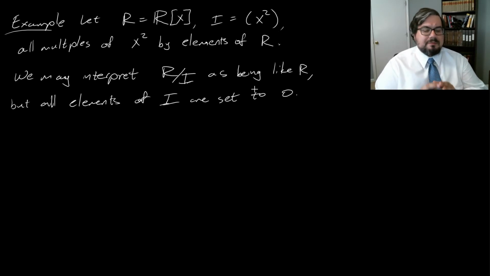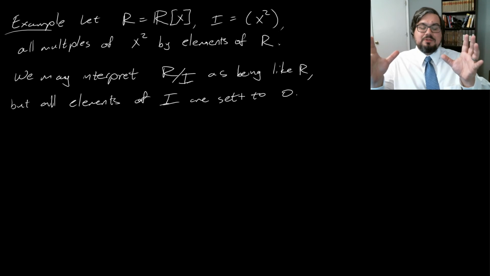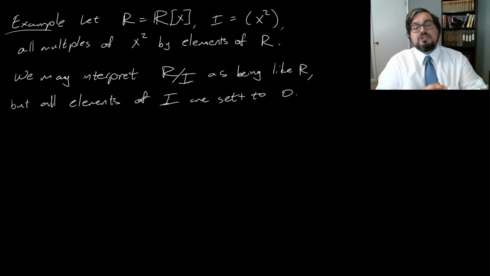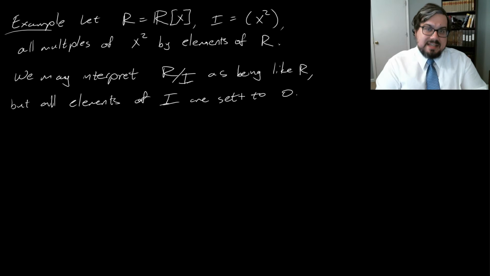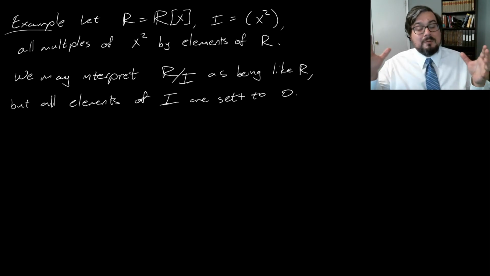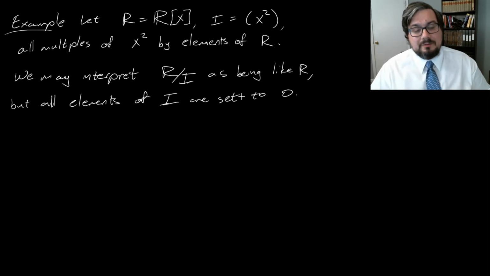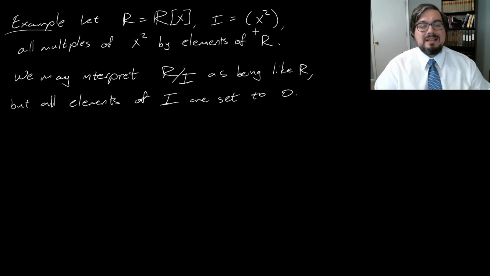So one way of thinking about the factor rings is that we're starting with a ring and then we're declaring, all right, this set of objects we're going to just consider to be 0. We're going to collapse it down. And in particular, that set of elements has to have the form of an ideal. And when we do that, that is the process of going to a factor group. Anything that was in I before now becomes 0 in the factor ring R mod I.